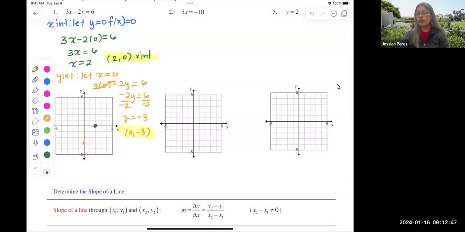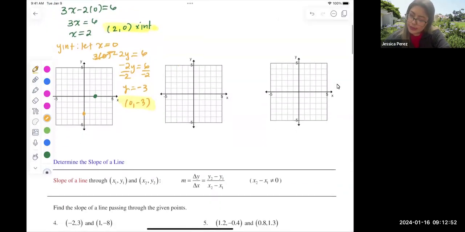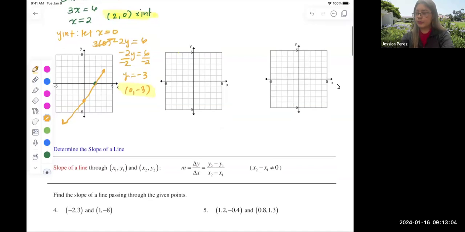And now we always read a graph from left to right. So we know this is a line that's going to be passing through those two points. So we're going to go ahead and graph. And there it is. There is our line.